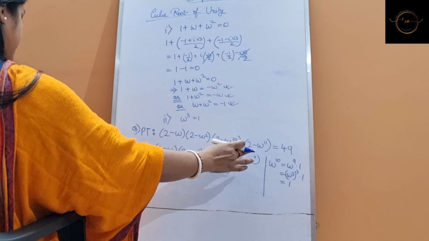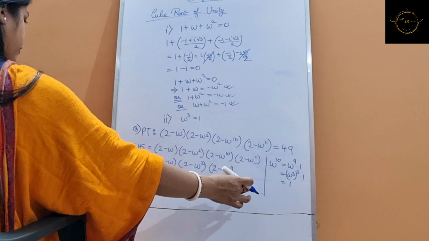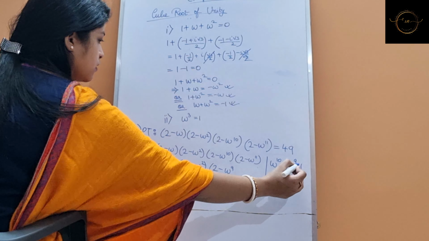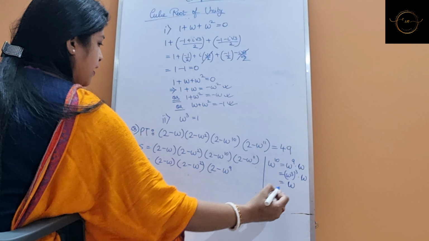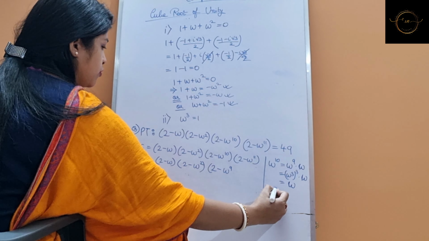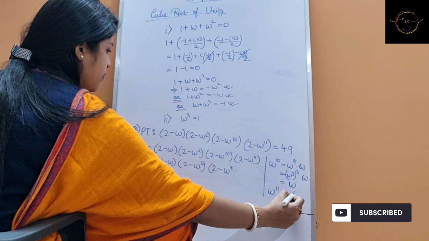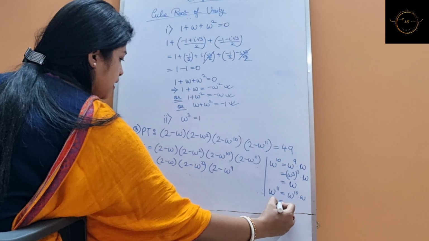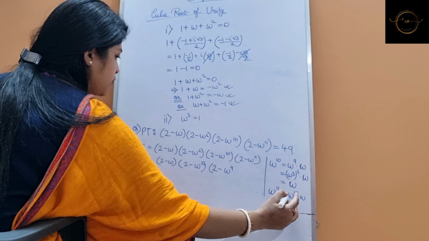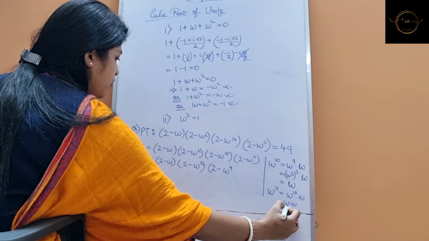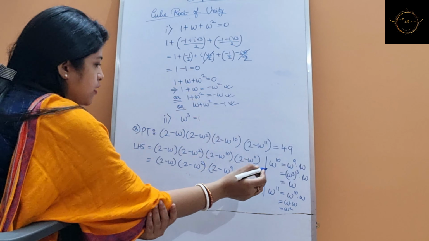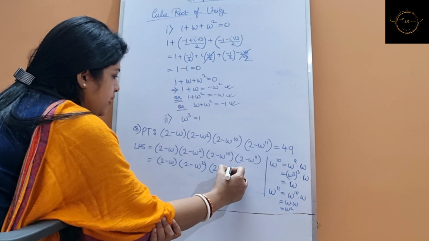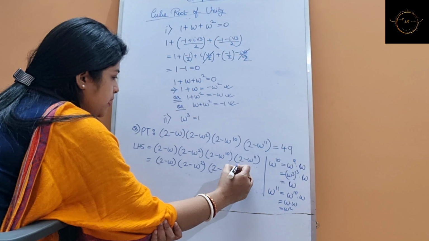So we are getting the value as w. And w to the power 11 is w to the power 10 into w. W to the power 10 value we have got is w, so w into w means w square. So let us directly put the values: here it will be w and here it will be w square.